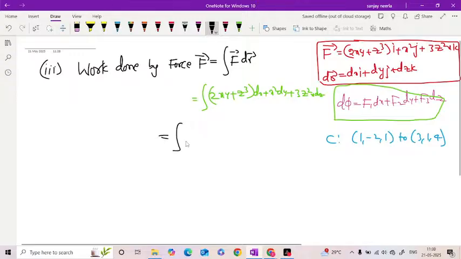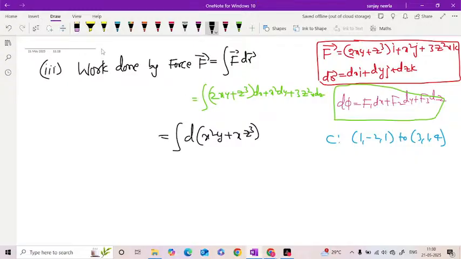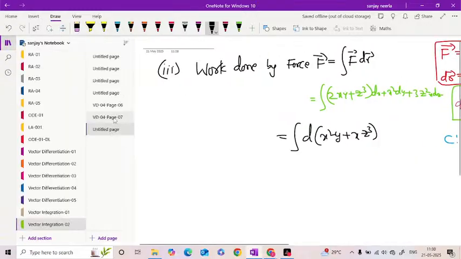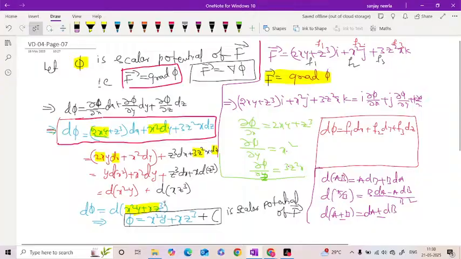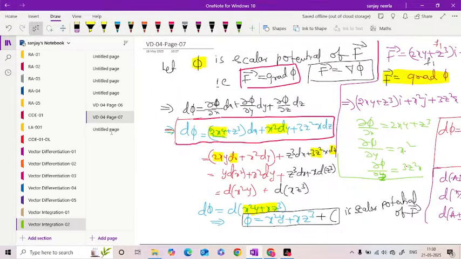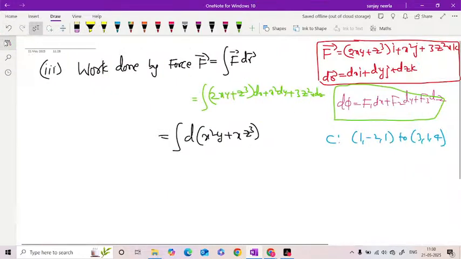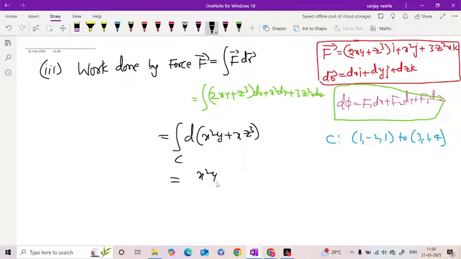But already we know that the whole part, according to the previous one, we can write as the derivative of x square y plus x z cube plus constant. That means this whole result is x square y plus x z cube.